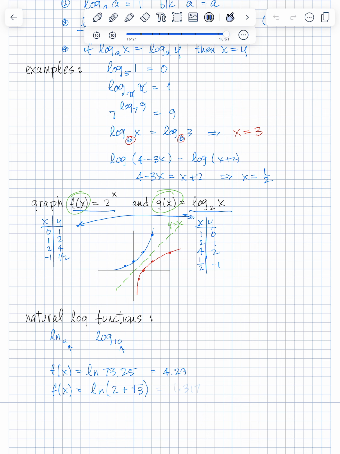We just add 2 and the square root of 3, take the log, and that gives you 1.317. So natural logs have the same properties as common logs, but you'll find that we'll be using natural logs a lot more often than common logs.